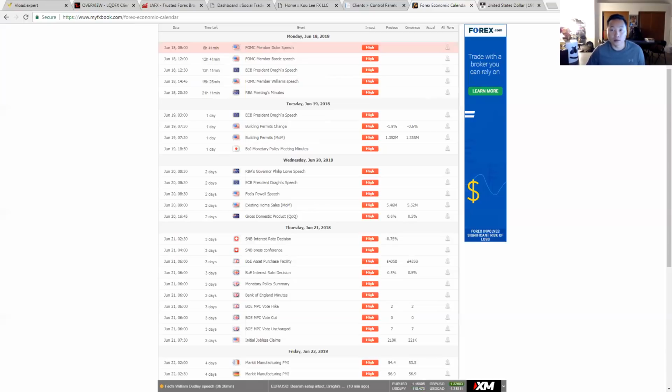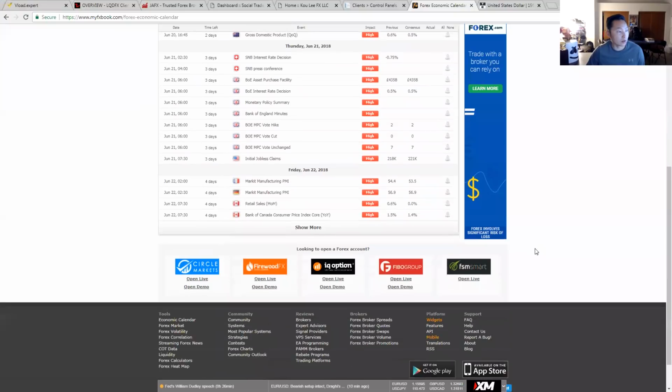And then coming back down here, we are looking at Friday. The only thing for Friday I'd be paying attention to is the Bank of Canada Consumer Price Index and retail sales. That's it, so it'd be just focused on trading Canadian pairs. CAD Swiss franc and CAD JPY have been taking a massive downtrend, so I do plan on buying CAD instead of selling CAD.